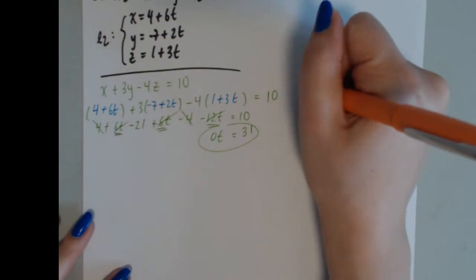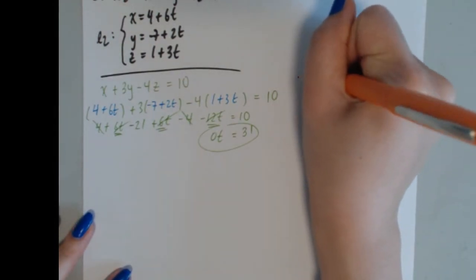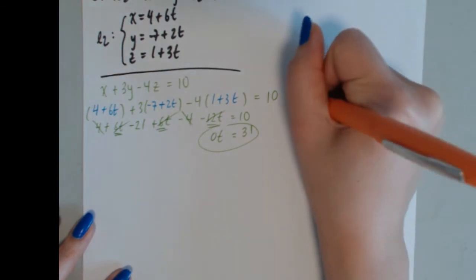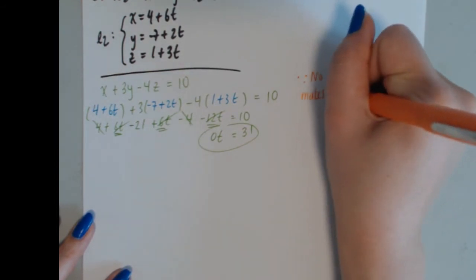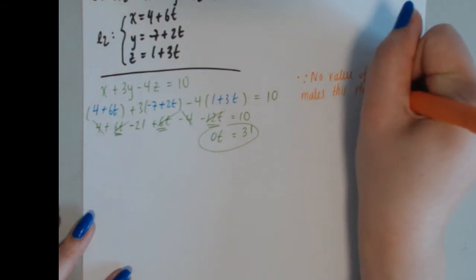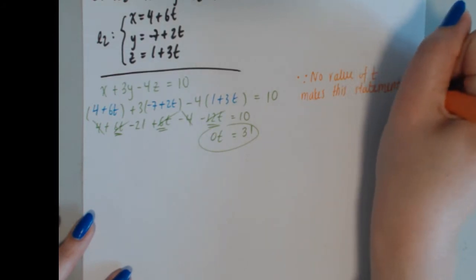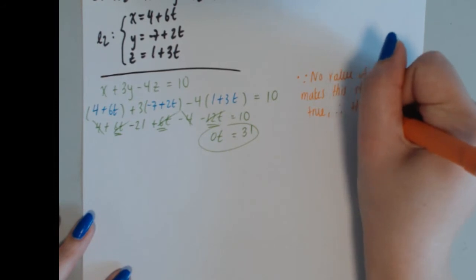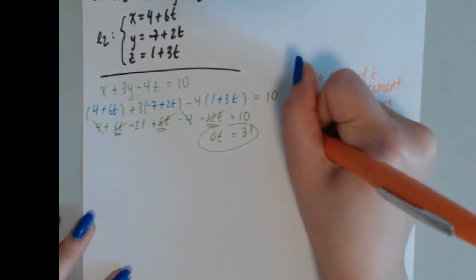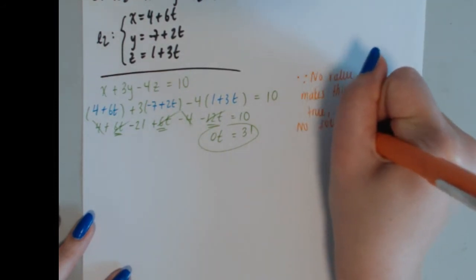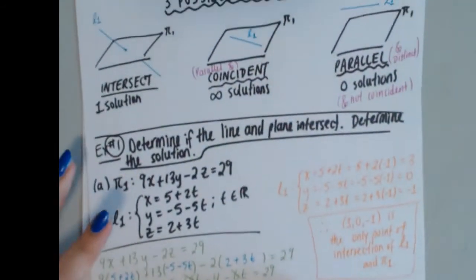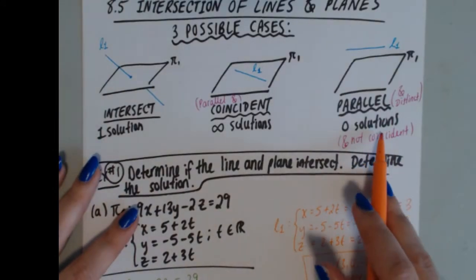All right, so that's what we're going to say here. Since no value of t makes this statement true, therefore, there are no solutions. Okay, so remember, the only way you can have no solutions is if you are dealing with this kind of case, if it's parallel.